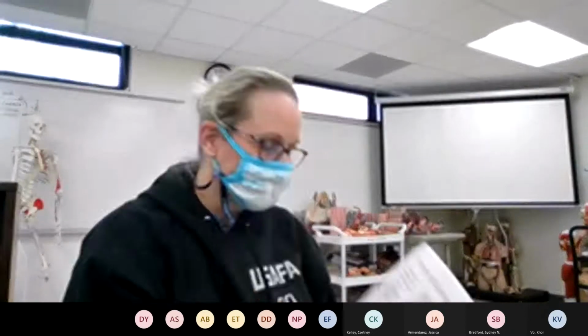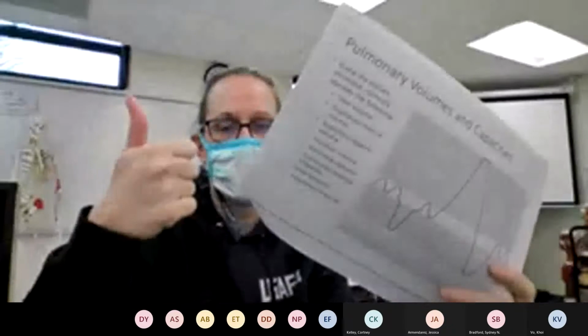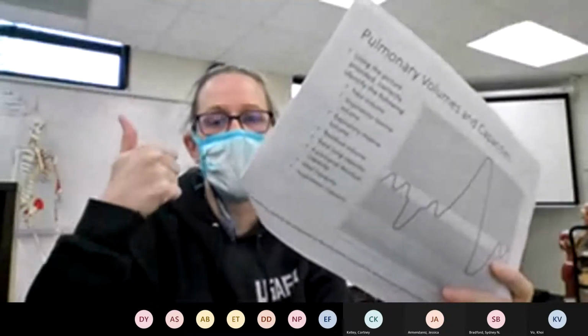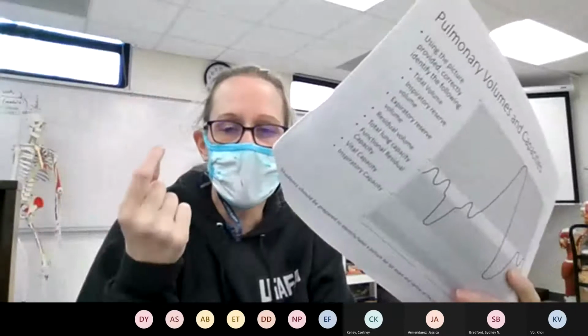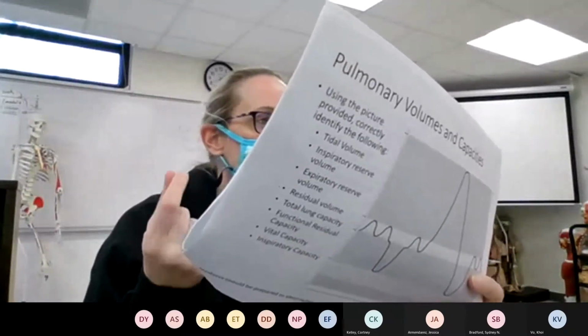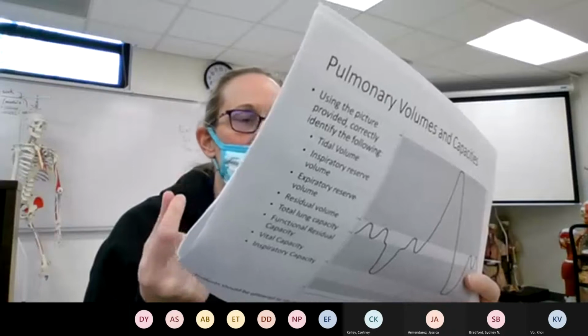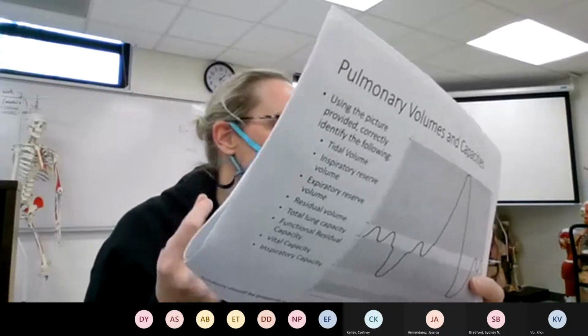Now, when two or more volumes add together, you get a capacity. So anytime you are inhaling, which is tidal volume and inspiratory reserve volume, if you add those two values together, they will give you an inspiratory capacity. They represent the total amount of air you can get into your lungs.